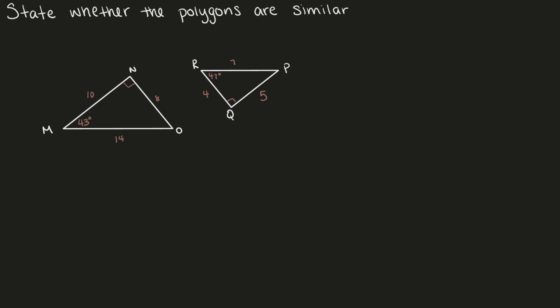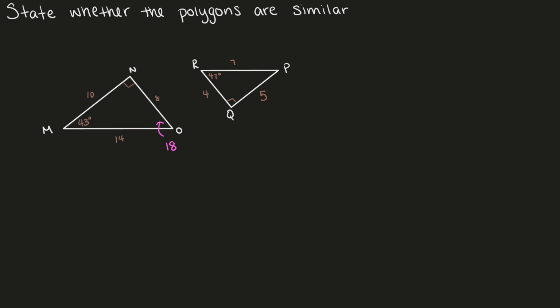The other thing with this is that we see that we're missing an angle in each of our triangles. On our left triangle, angle O does not show what measurement it is. On our right triangle, angle P doesn't have the measurement, but that's easy to solve. We can really simply find these angles. So angle O, if we remember, the interior sum of our angles for a triangle is 180 degrees.